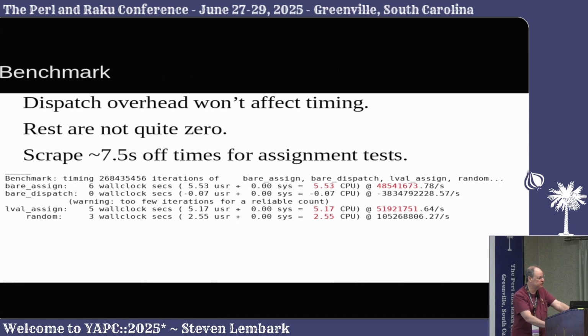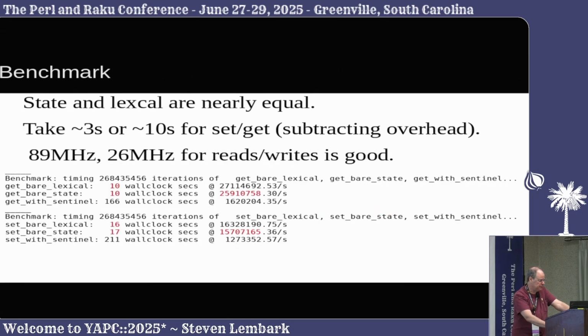Premature optimization. The other thing is, if I do 2 to the 28 of these, I eat about 5 seconds doing assignments, and I generate a couple of seconds of time generating random numbers that I use. So I've got to take those out of my run times when I look at what I'm actually benchmarking. If you do the corrections, it takes 10 wall seconds.